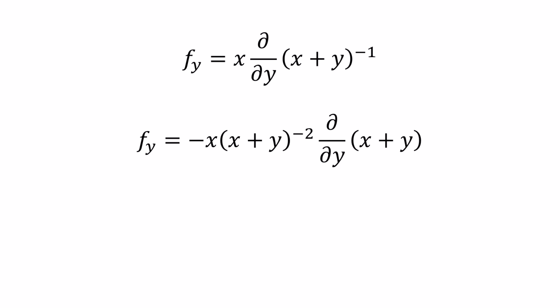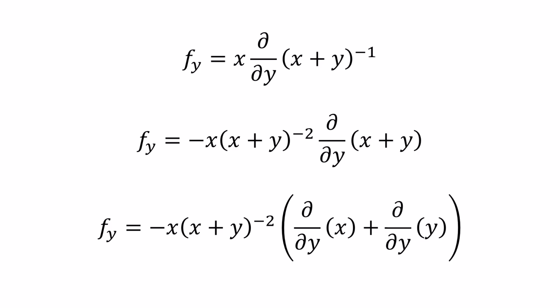f sub y equals negative x times x plus y to the negative 2 d by dy of x plus y. Applying the sum rule then gives f sub y equals negative x times x plus y to the negative 2 times d by dy of x plus d by dy of y.